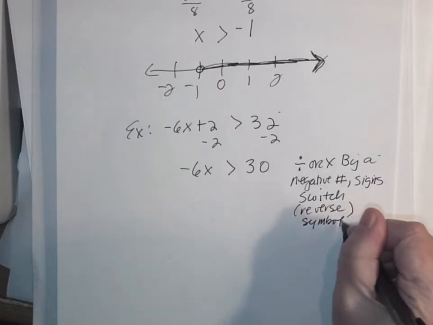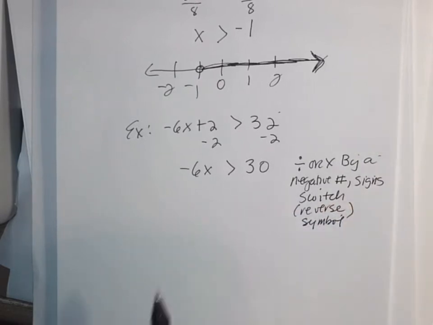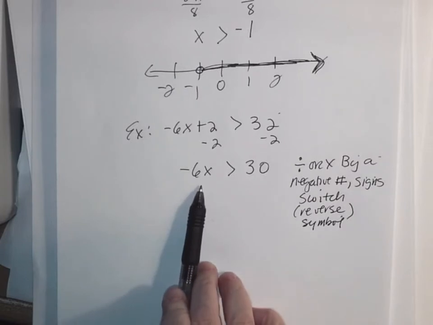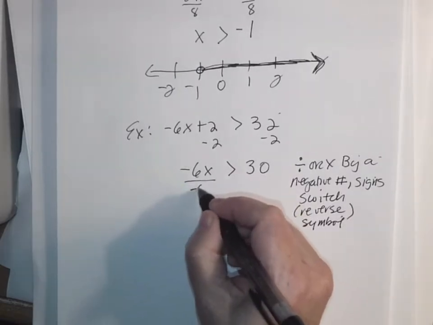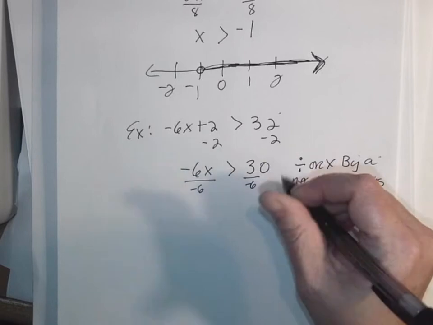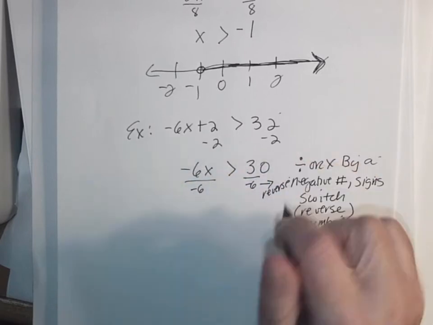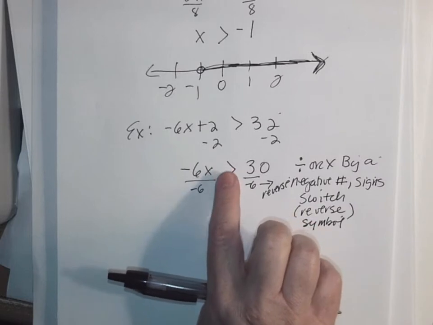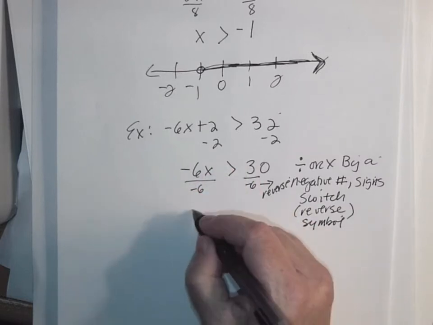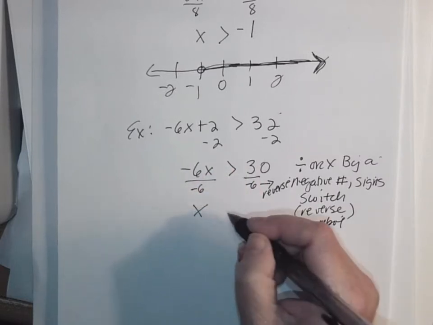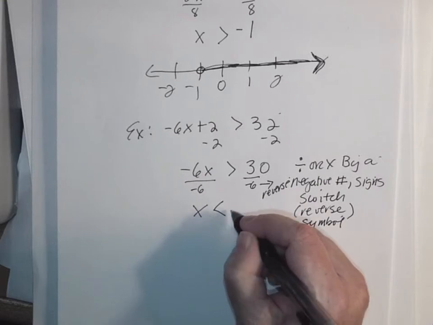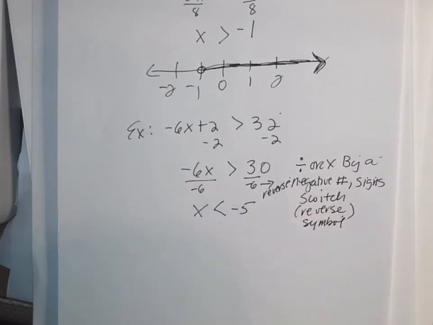I'm going to call it reverse the symbol. So in this particular one, in order for me to isolate the x, I'm going to have to divide by negative 6 on both sides. Because I divided by a negative number, I need to reverse the sign. So this is going to flip. So this would become x is less than negative 5.